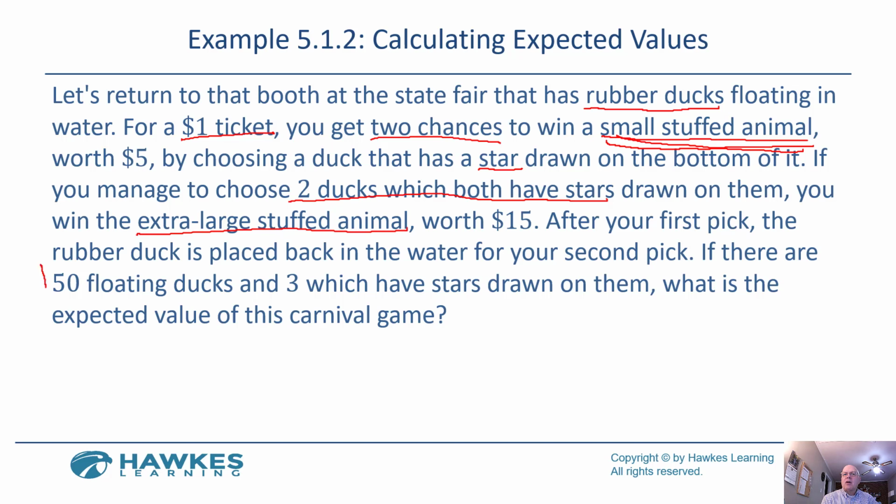Now, here are the parameters. This is what you're working with. There are 50 floating ducks in that display. 3 of them have stars. What's the expected value of the carnival game? So what you need to do are 2 things.